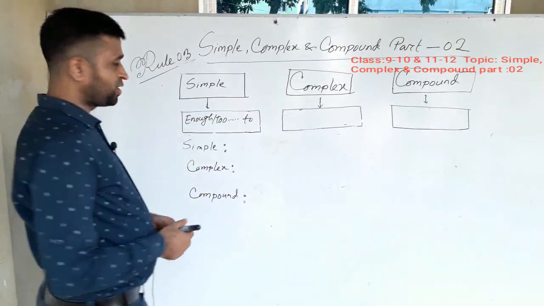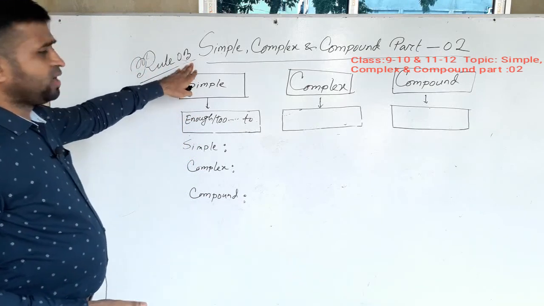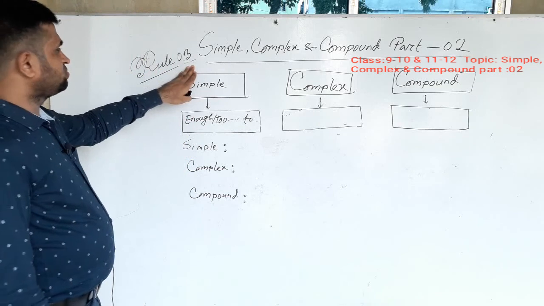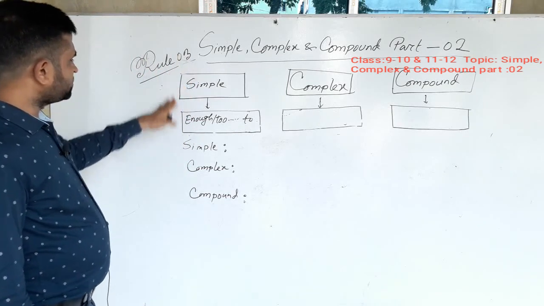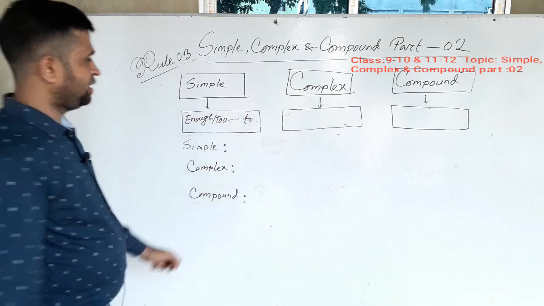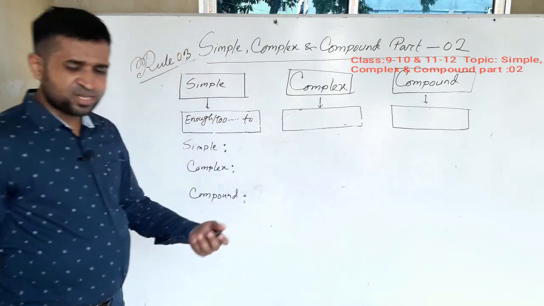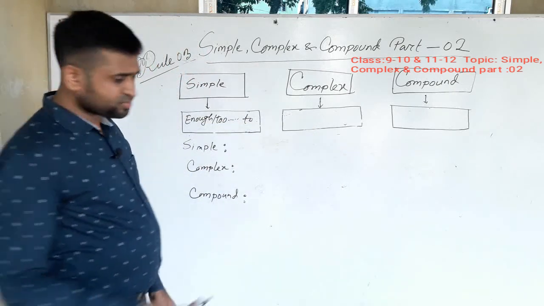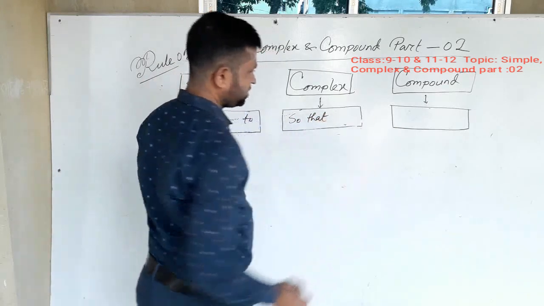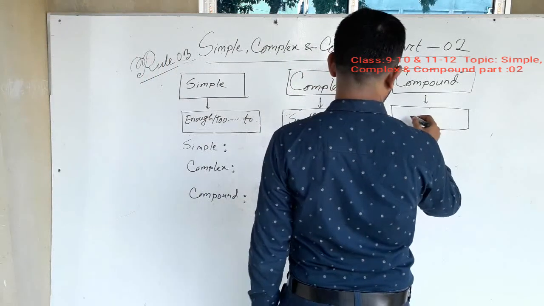Okay, dear students, now I am giving another rule to remember so spontaneously. Rule number 3: enough, oblique 2 dot dot 2, and we can use it in a simple, very easy way.